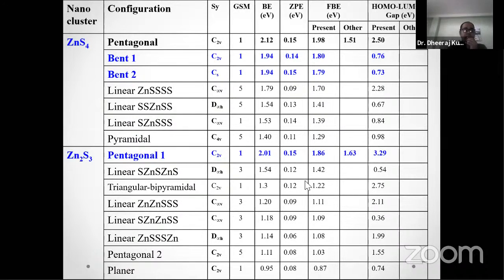In 5 atoms, in the first 2 configurations, we can say that pentagonal in ZnS4 configuration is also unstable because of its imaginary vibrational frequencies. But for Zn2S3, there are 2 pentagonal configurations possible. That's why pentagonal 1 was considered as most stable. Next.